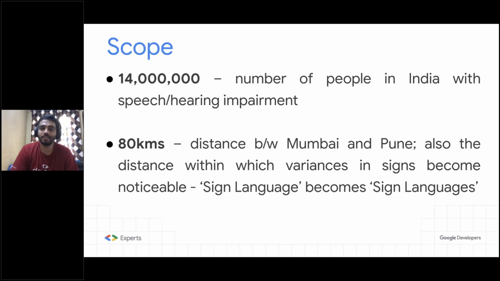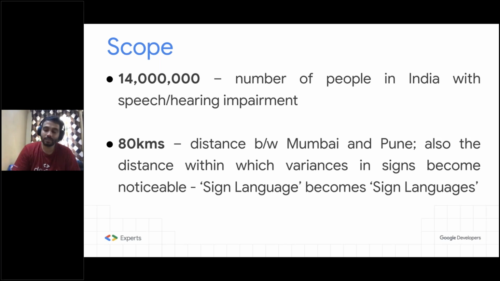What I want to emphasize is that the sign language system in India is not standardized, which means that different places will have different regional languages, and regional languages will have their own signs, which can be very minutely different, or they can be entirely different as well. So within Mumbai and Pune, we had minute changes.